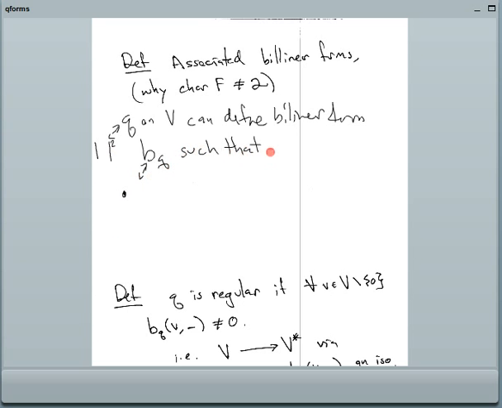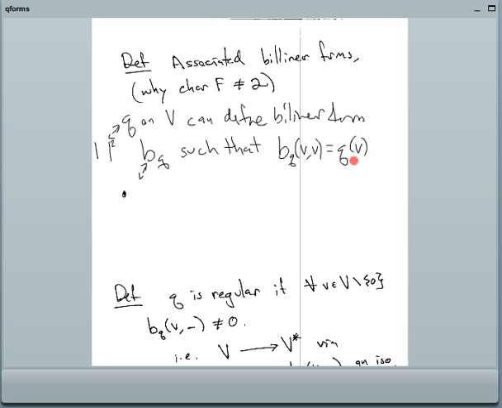Given a bilinear form, you can express the norm of a vector just as taking the vector and dotting with itself. This is one way, from a bilinear form, you can get a quadratic form. But it actually goes both ways.